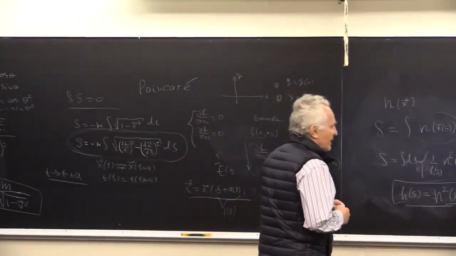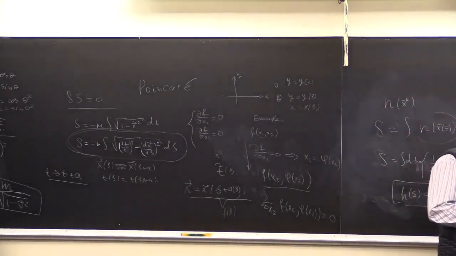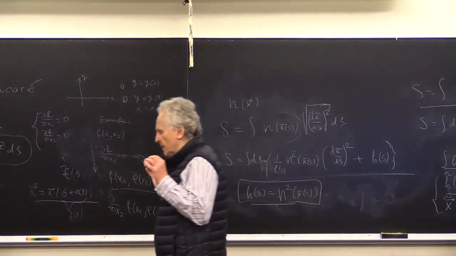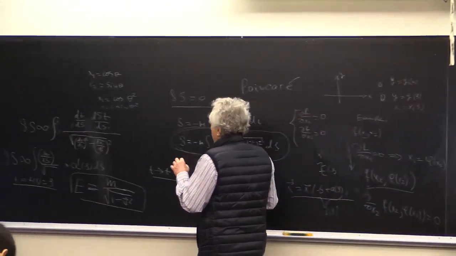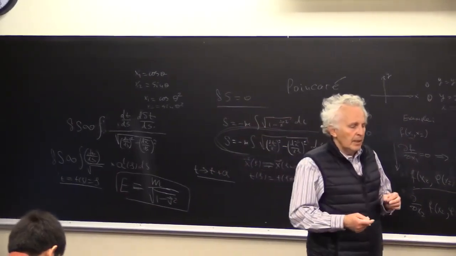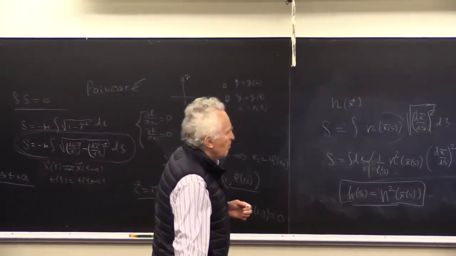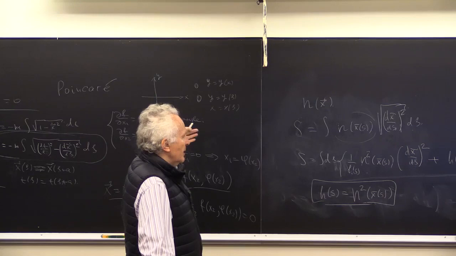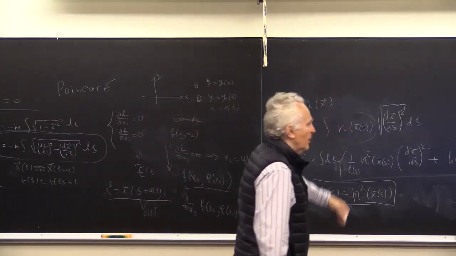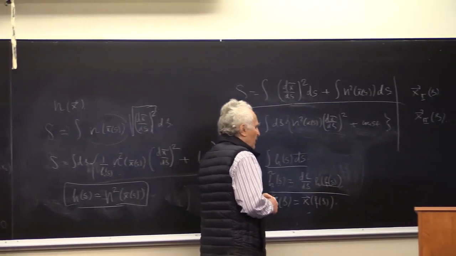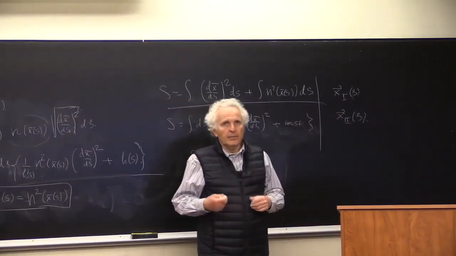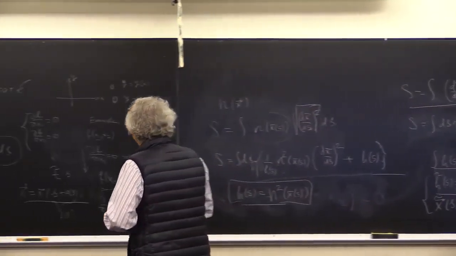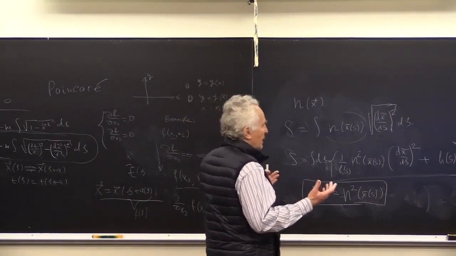Okay, now what about the relation of optics and mechanics? By this relation, I mean that the equations should be the same, and when the particle moves in a potential, it should be related to a light ray moving in a medium.